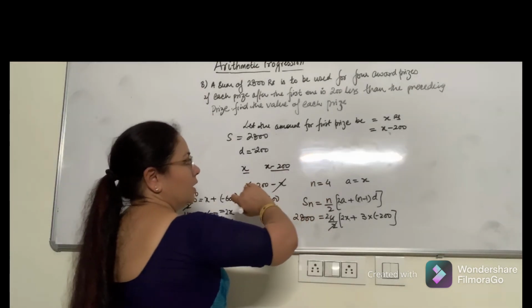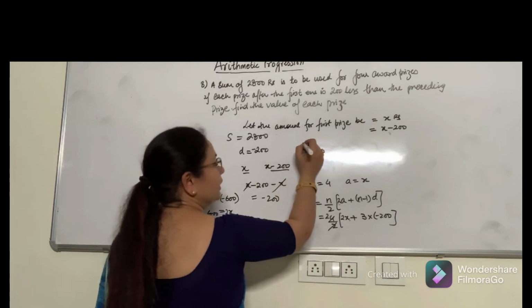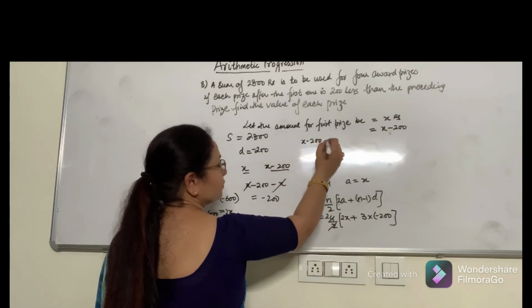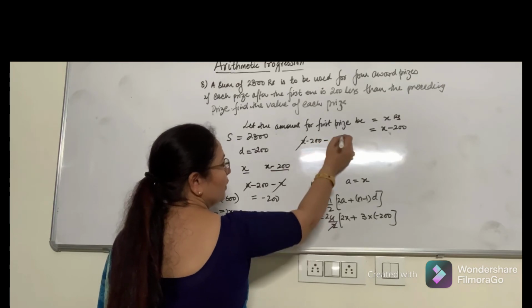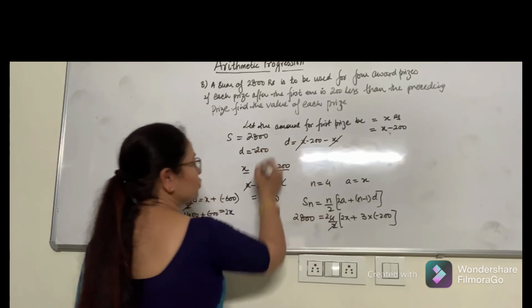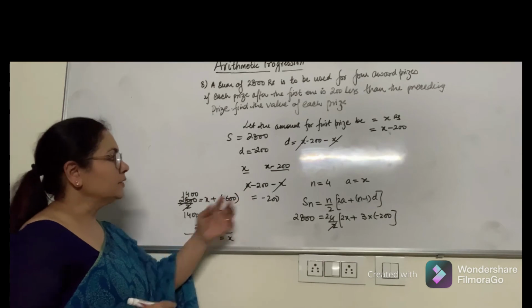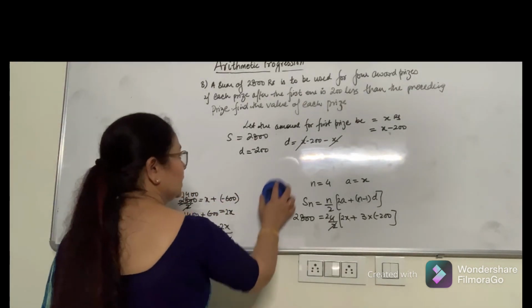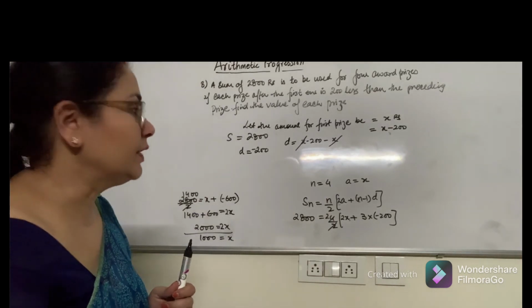When we calculate the common difference, we do second term minus first term. So we get minus 200. So d is minus 200.